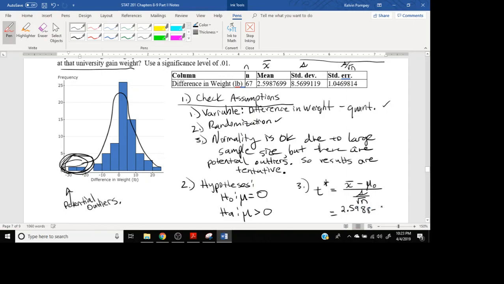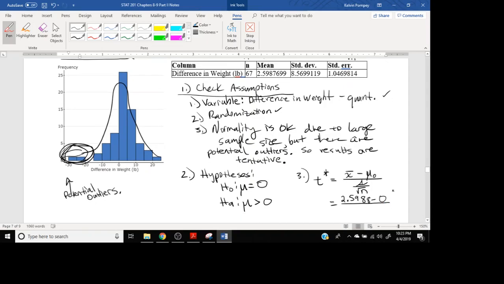My null hypothesized value is 0, and I'm going to divide that by my standard deviation over the square root of 67, which is also given in that chart as 1.04698814. And so I'm going to get my calculator and put those values in.